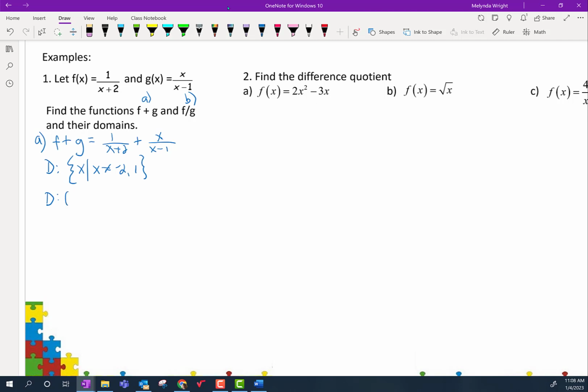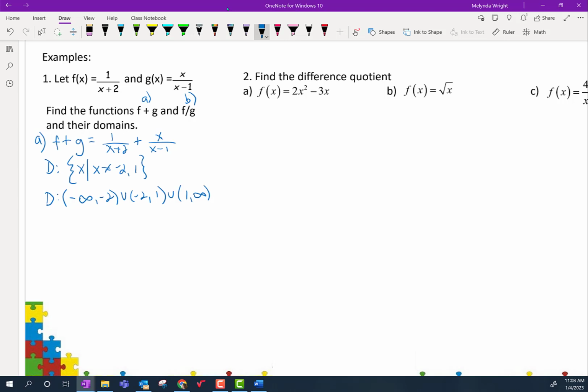And we've had a lot of experience with both. So interval notation, we would go from negative infinity to negative 2, then from negative 2 to 1, then from 1 to infinity. So that's the same domain written two different ways. Okay, and your textbook is going to prefer the interval notation way.